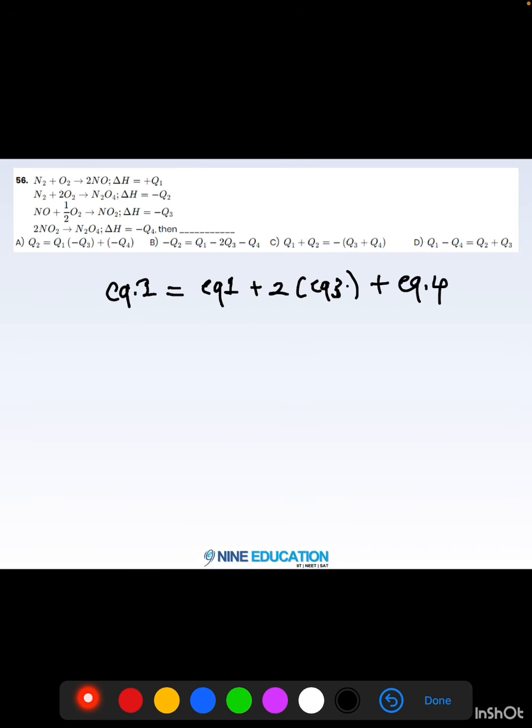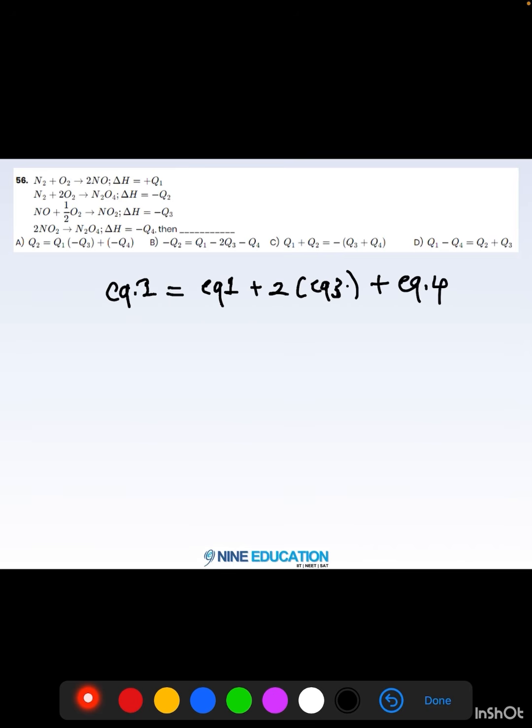So if I take equation 1, we are already having N2 plus 1 mole of O2. We require one more mole of O2 here. So what we are doing, we are multiplying equation 3 by 2 and adding, right? So we'll be having 2NO on the left and right, which will cancel out. And N2 plus O2 it will become, and when we add equation 4, 2NO2 and 2NO2 will cancel out, and N2O4 will simply remain on the right side. So clearly equation 2 can be written as equation 1 plus 2 times equation 3 plus equation 4.